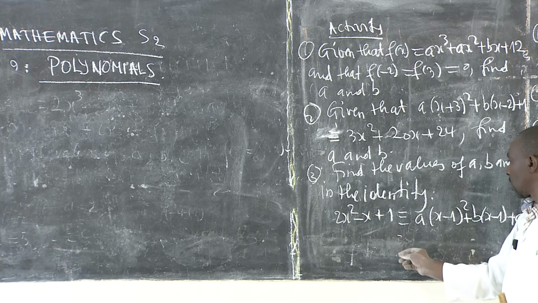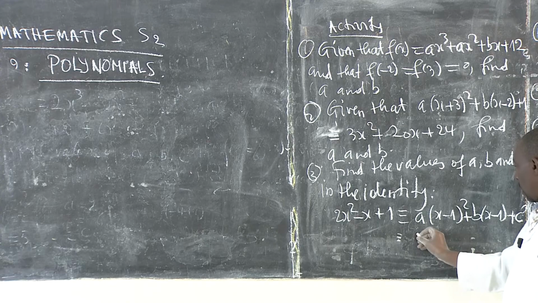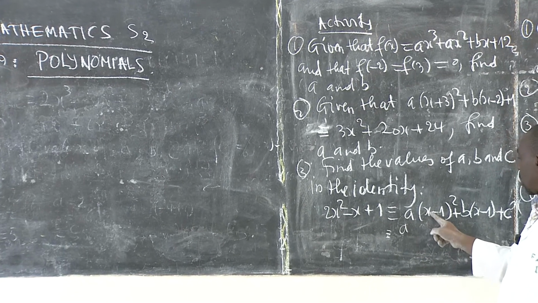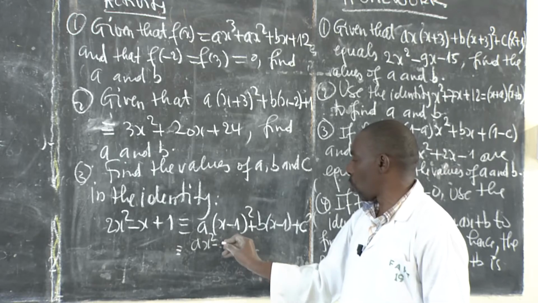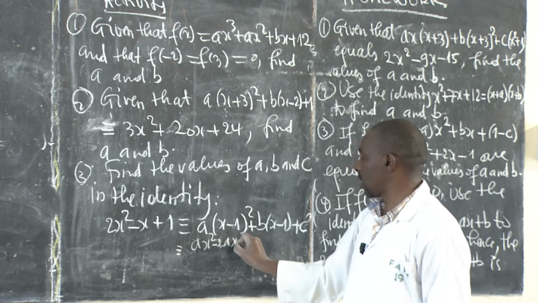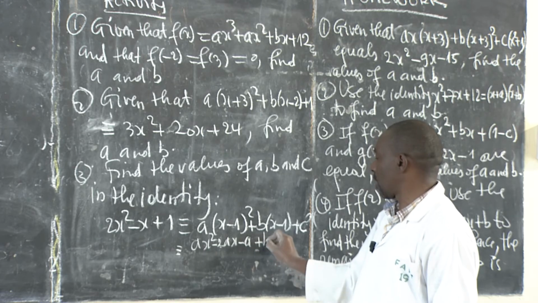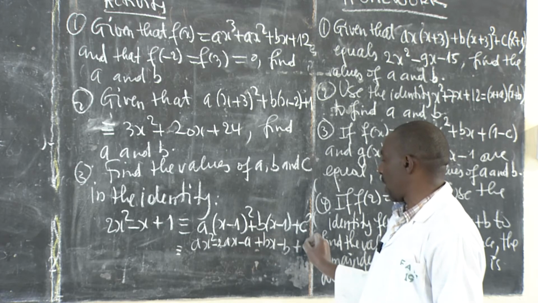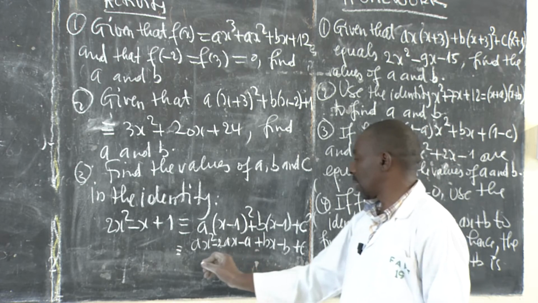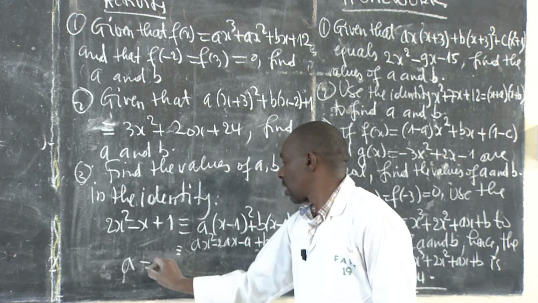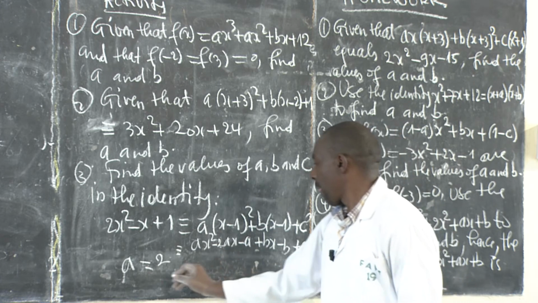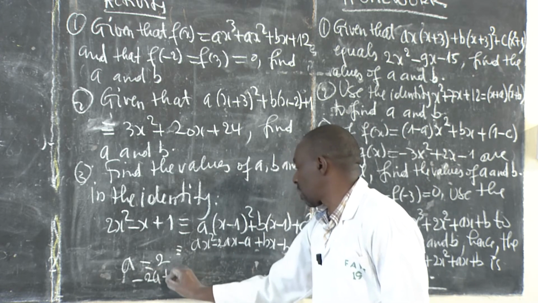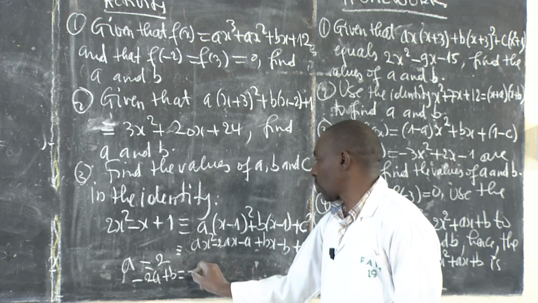If you solve this, this is x squared minus 1, this is ax squared minus 2ax minus a plus bx minus b plus c. It means a is equal to 2 and minus 2a plus b equals minus 1.